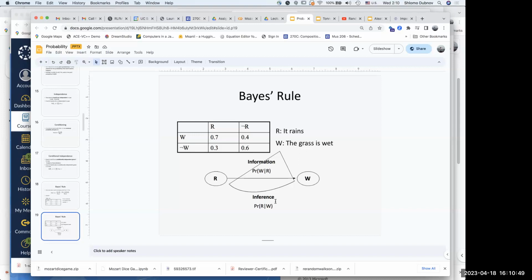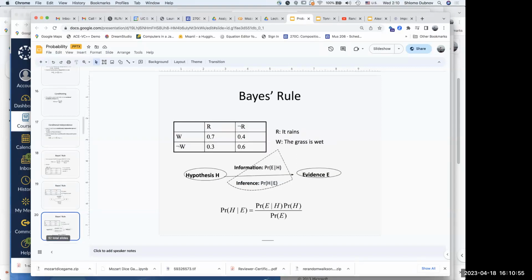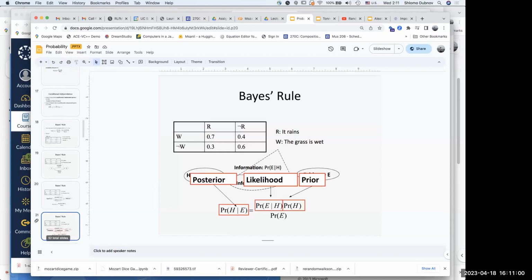So if you observe the grass, you can try to infer how likely it was that it was raining, and you can use Bayes' formula for that. Just some terminology: if we have prior information about something, and you have the probability of something happening given an event before, this is called the likelihood, and this is the posterior.